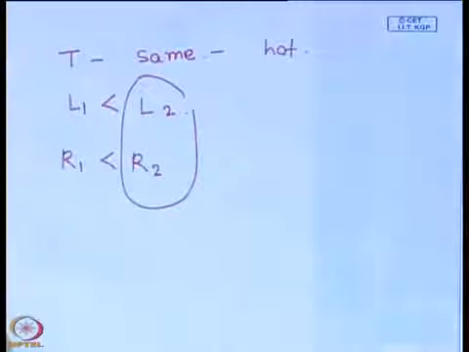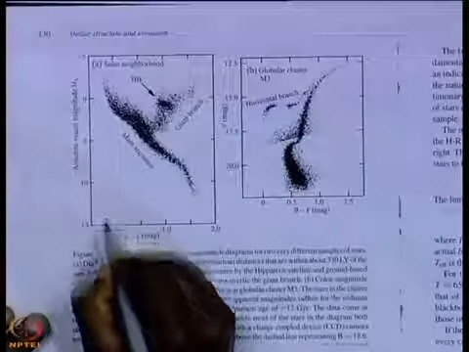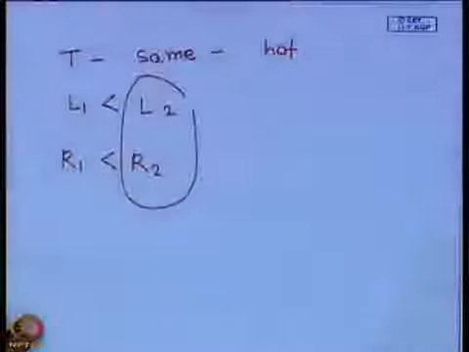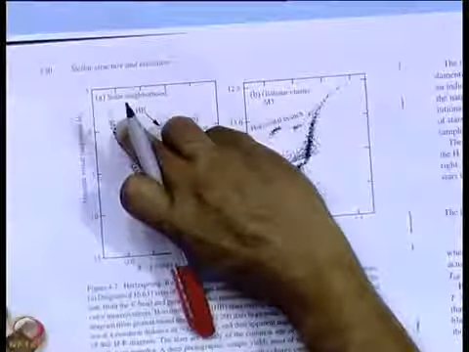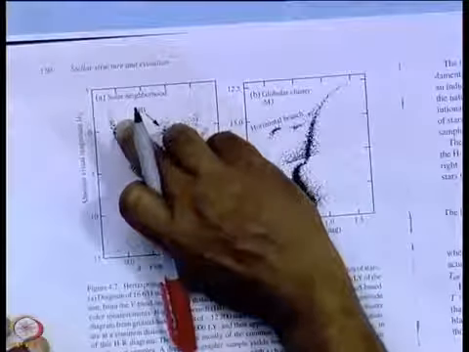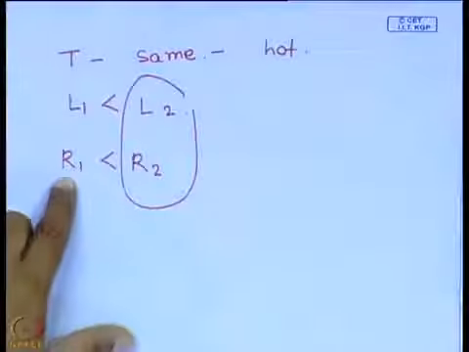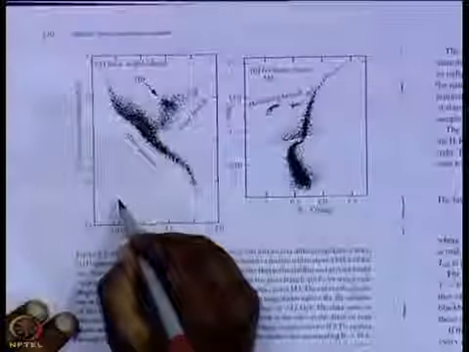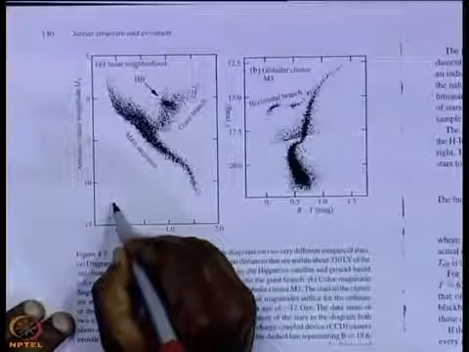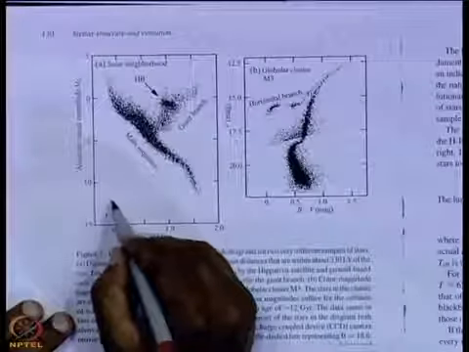So, let me ask you, a hot star, in which part of the diagram would it appear? It would appear to the left. So, a hot star would appear somewhere over here to the left. Now, there is a main sequence star over here, and there is another star which is much fainter. So, what would you conclude? You would conclude that the second star, which is much fainter, has a much smaller radius. Okay. So, it does turn out that you do get some stars like this in this part of the HR diagram of the main sequence. These stars are called white dwarfs.